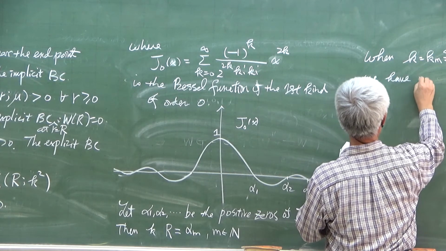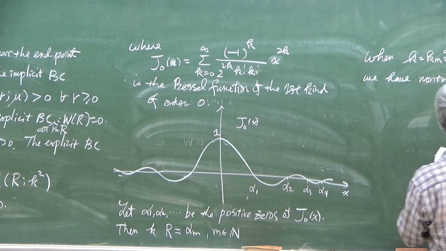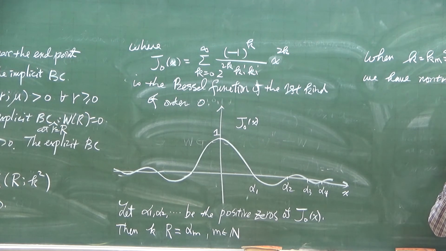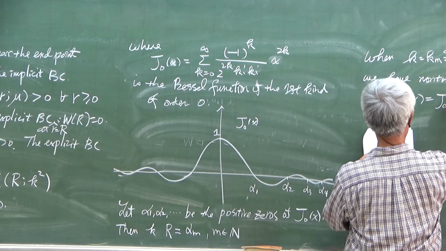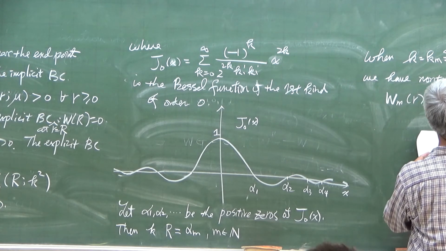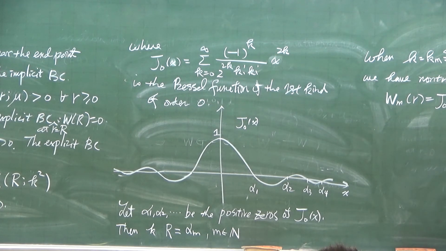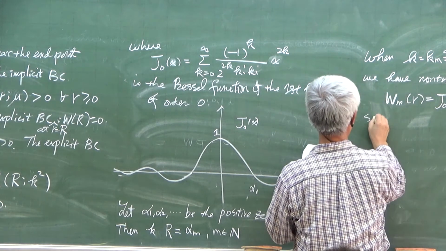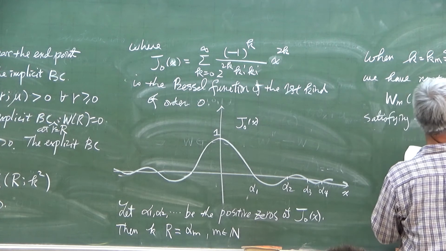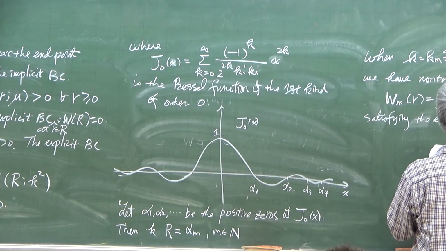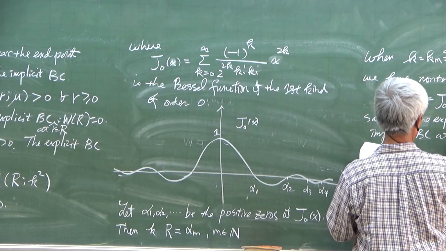We have a non-trivial solution of 10.9 satisfying the explicit boundary condition at r equal to R, and the implicit boundary condition at r equal to 0.